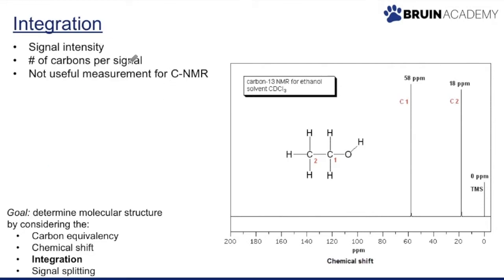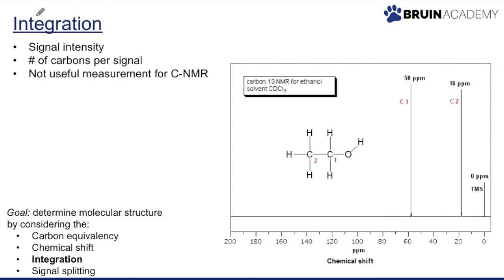The next thing we're going to talk about is integration. I'm not going to go into too much detail here because integration is really not that helpful for carbon NMR. The reason is that integration has a lot to do with relaxation time from excited state to ground state, and carbon tends to take a really long time to go from an excited state to a relaxed state.